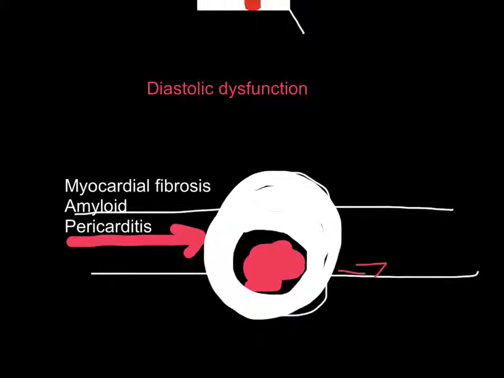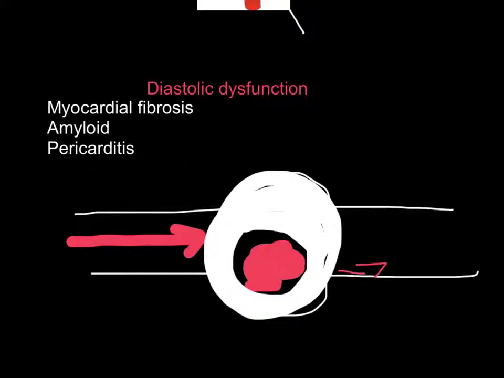Peri means around, and card is from the Greek for heart, cardia, and then we have itis, which is for inflammation.